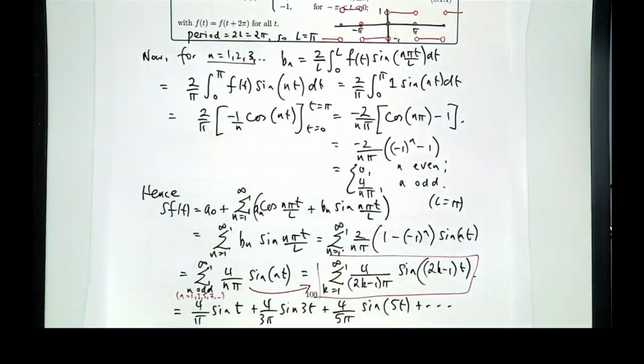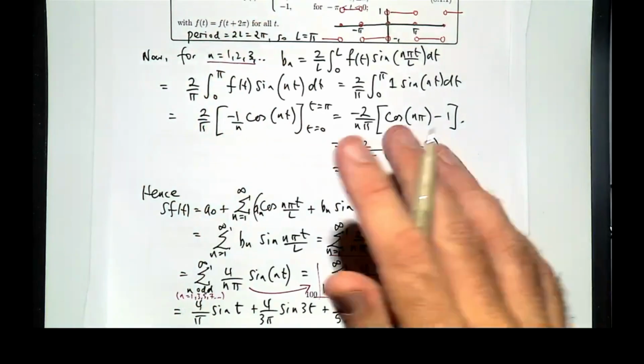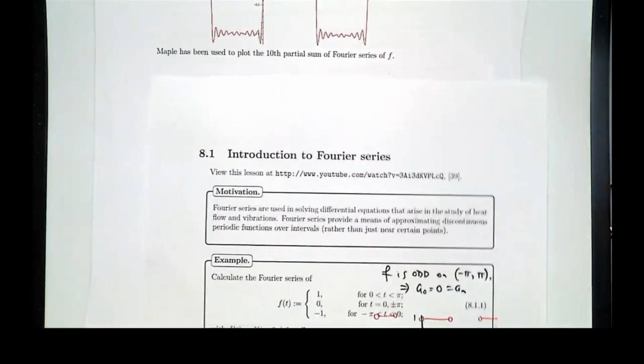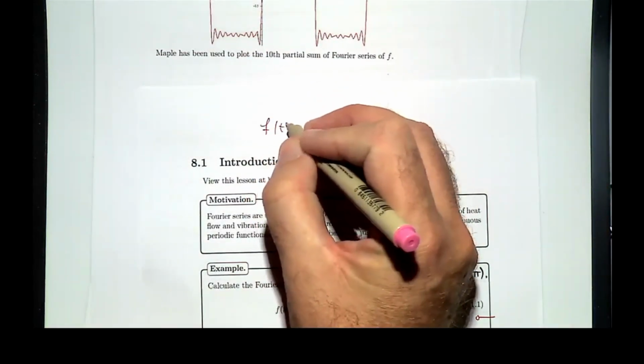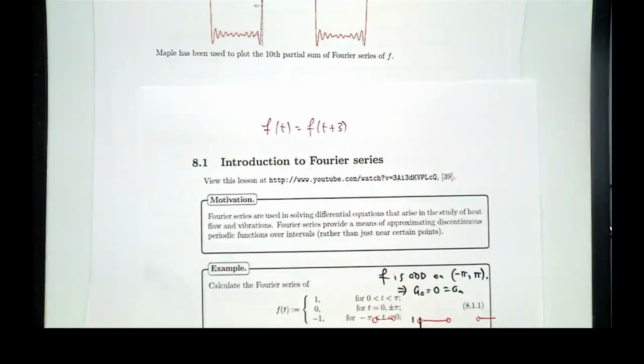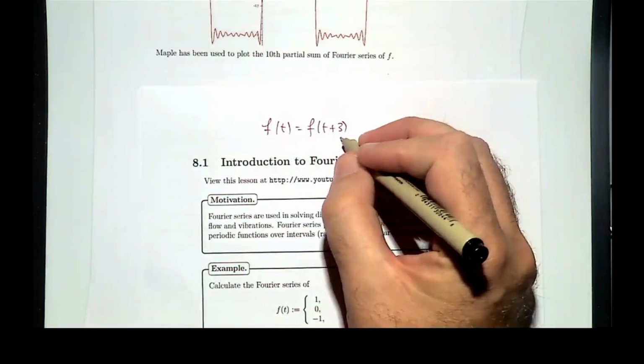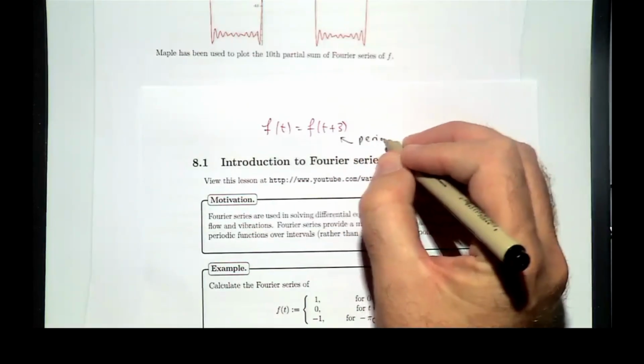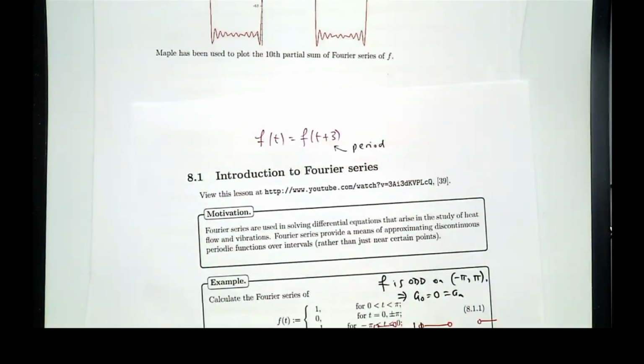So if it was, say, f(t) = f(t + 3), the period in this case would be 3 units. Every 3 units you get the repetition. Other questions?